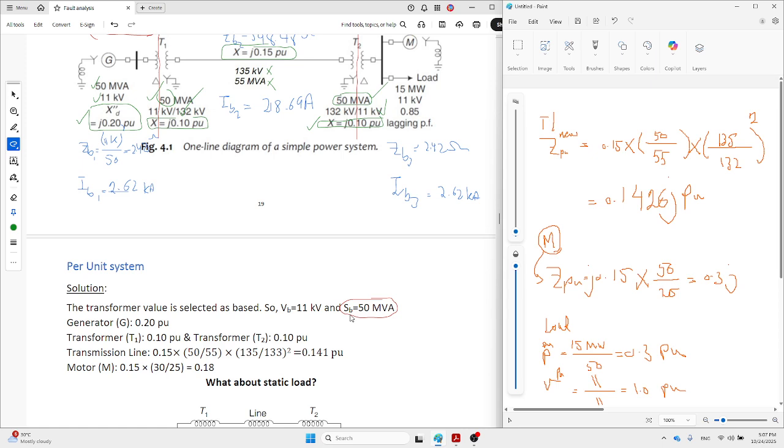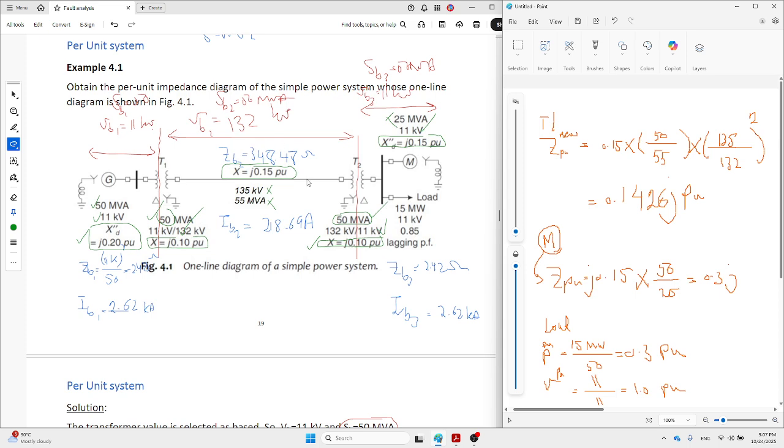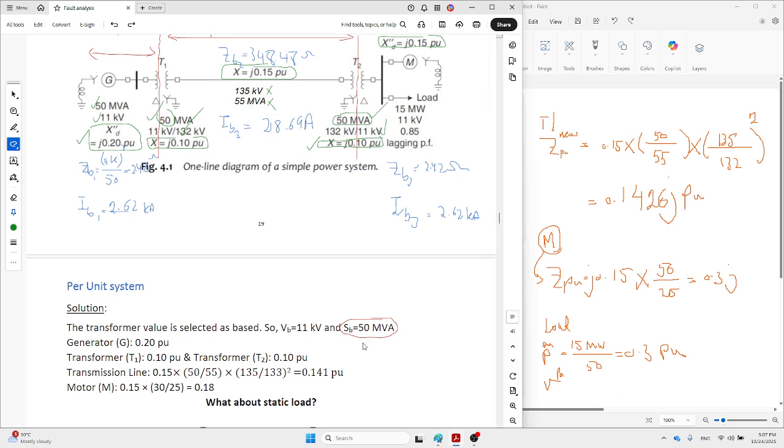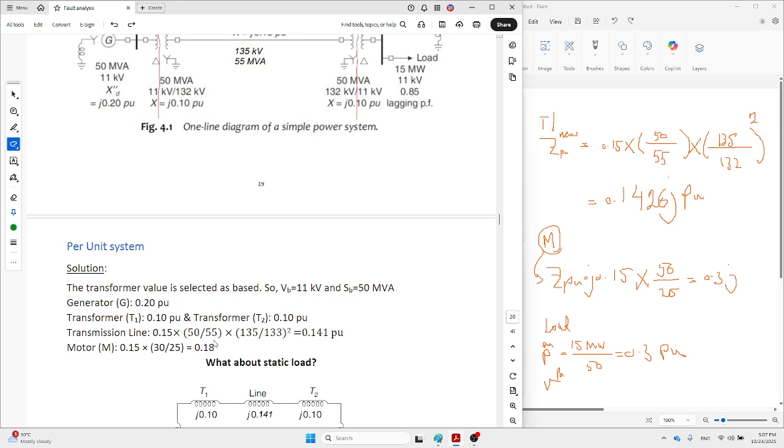Right now I'm following the values here. The S base considered in this example I gave by myself as 50. Right now, I think in this text, I wrongly mentioned the value for the S base, whether it is considered as 50 or as 30.